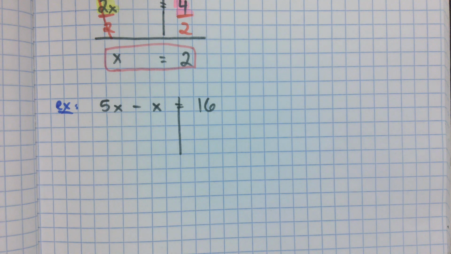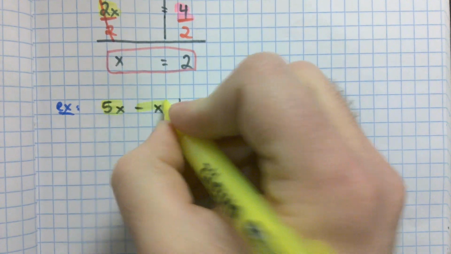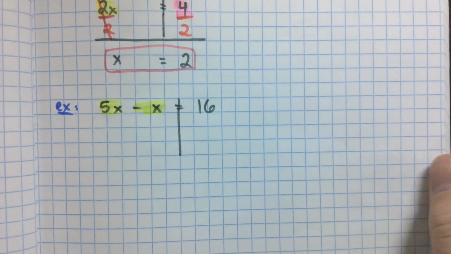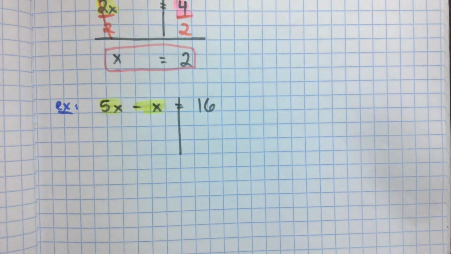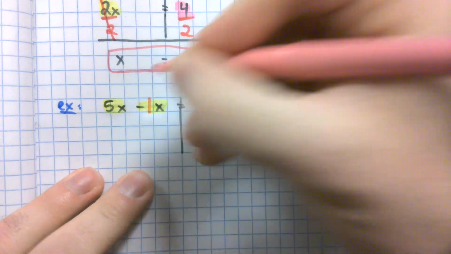I'm going to highlight my variable terms, which are 5x and minus x. What number's in front of that x again? Just a 1, right? It's that invisible 1.